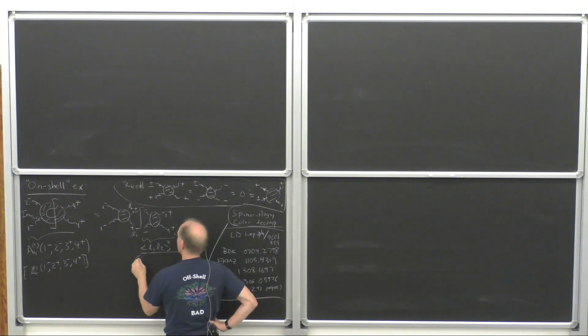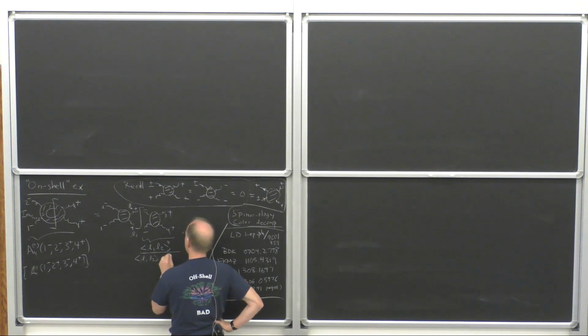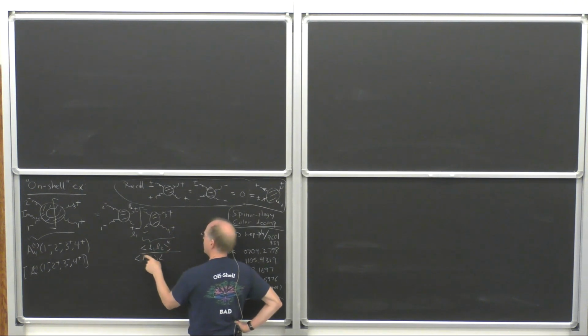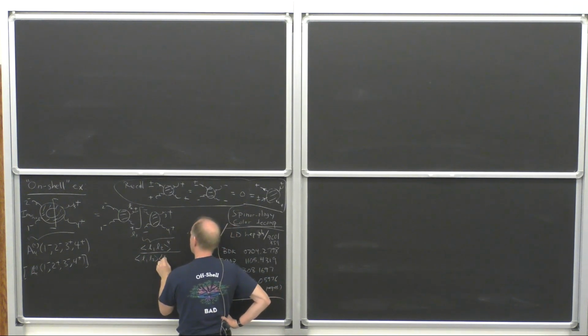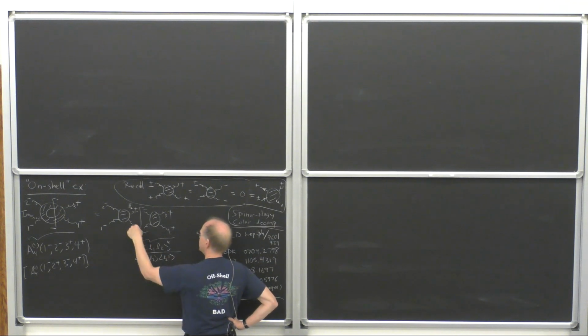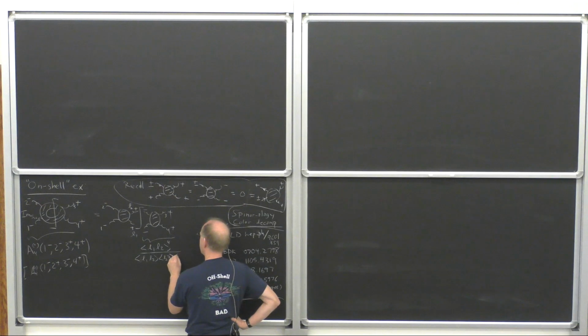So, this is called the Parke-Taylor formula. It has the 2 negative helicities appearing in a spinor bracket in the numerator to the fourth power. And then you just write down the string of spinors around the outside.